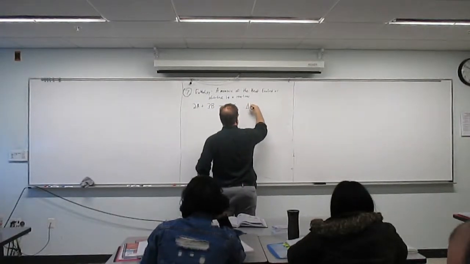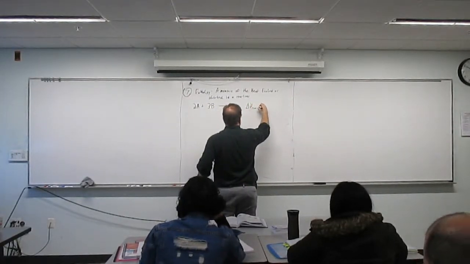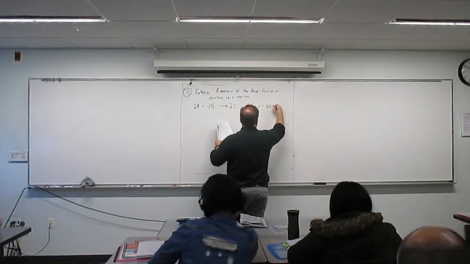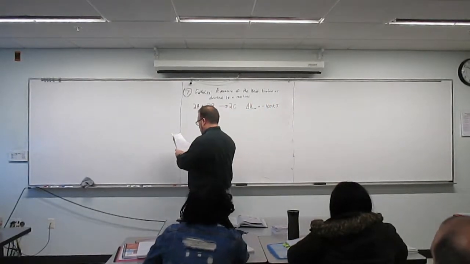The enthalpy of this reaction, delta H reaction, is going to be negative 100 kilojoules. All right.